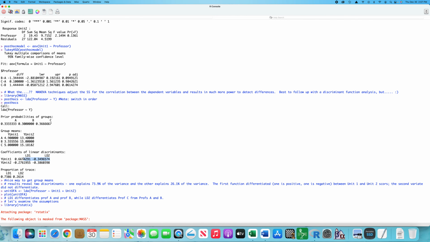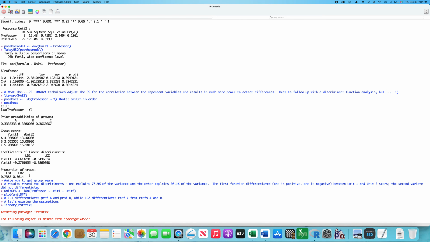And notice in the first function my first discriminant and my second discriminant have different signs. In my second function, my discriminants have the same sign. These things are closely related. So I do my best to explain this here in just a second.